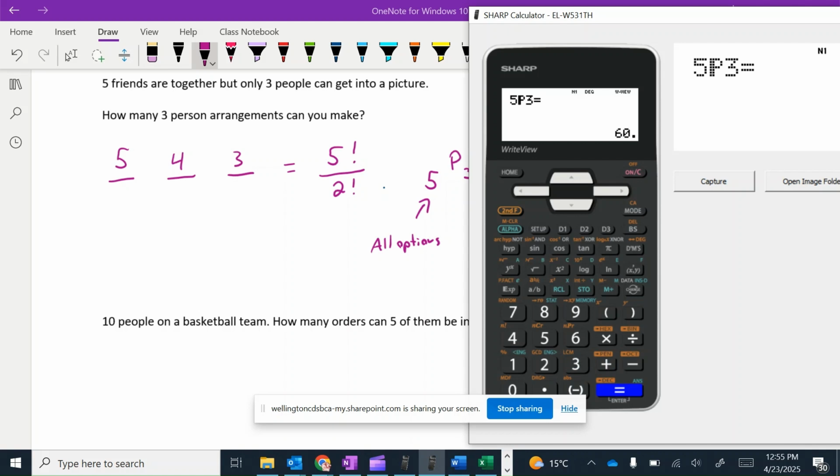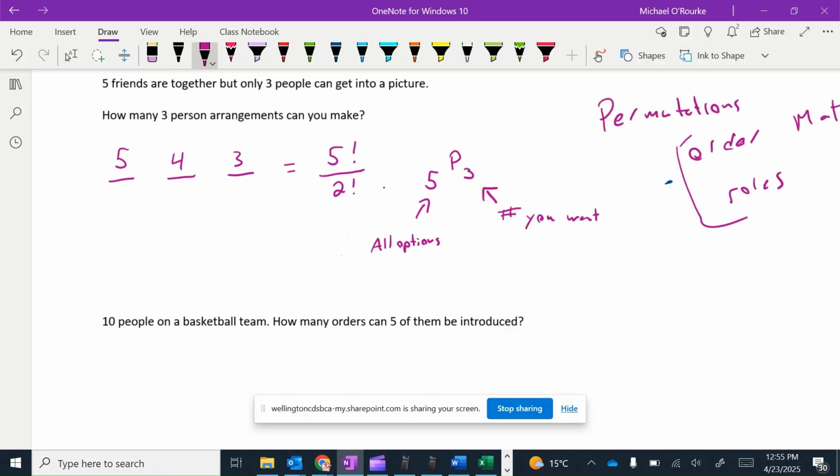Oh, what happened there? 5 factorial divided by 2 factorial, sorry. 5 factorial divided by 2 factorial is 60, and 5P3 is also 60. But the thing you have to remember is that it's all options, and this is the number you want, how many I want.